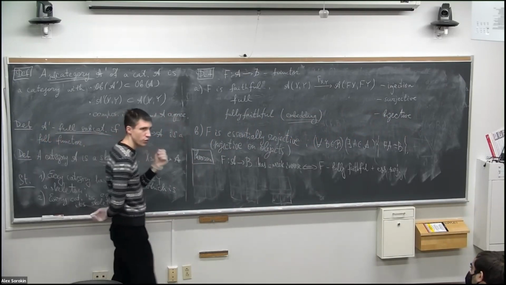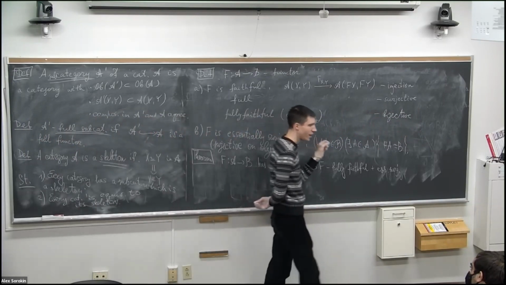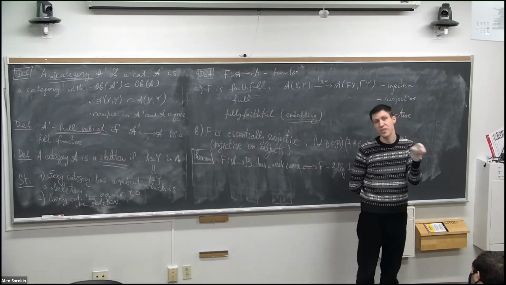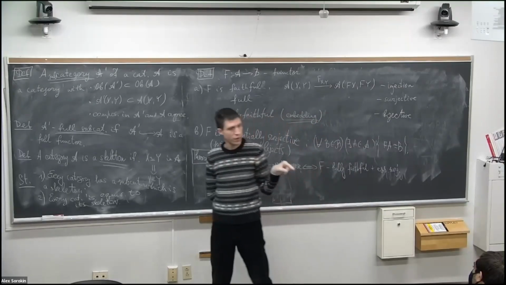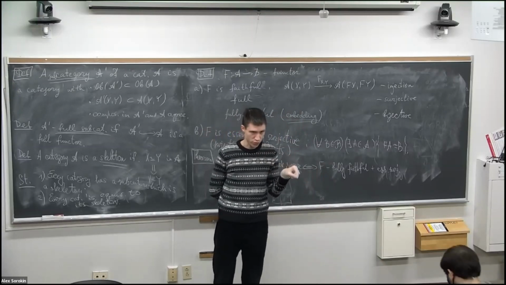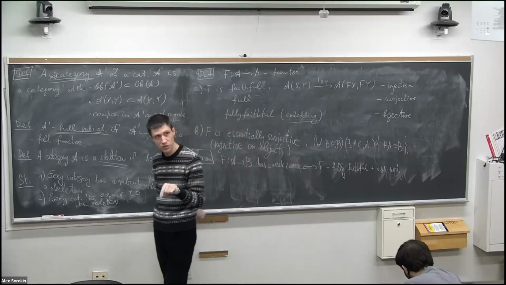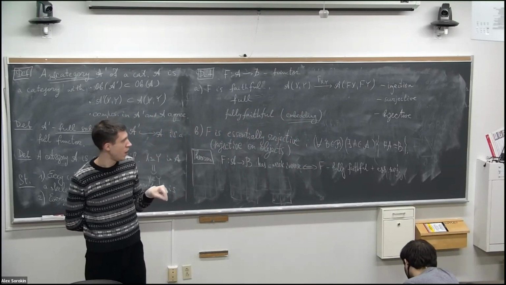Second, for every object you pick an isomorphism with the other objects of its class. You don't need this choice for constructing the skeleton, but you will need it to define an inverse.